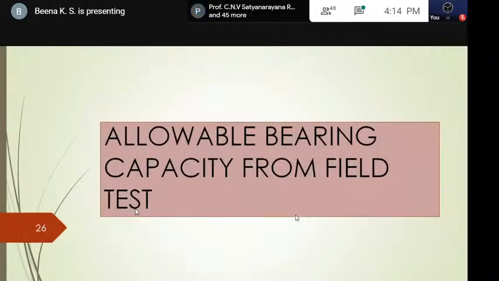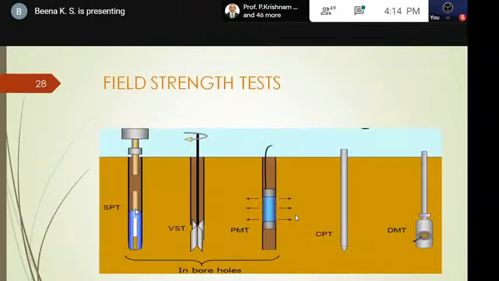So now come to our topic. The field strength tests are mainly standard penetration test, pressure meter test, vane shear test, cone penetration test, or dynamic cone penetration test, etc. It is difficult to obtain undisturbed samples of coarse-grained soils for testing in the laboratory all the time.